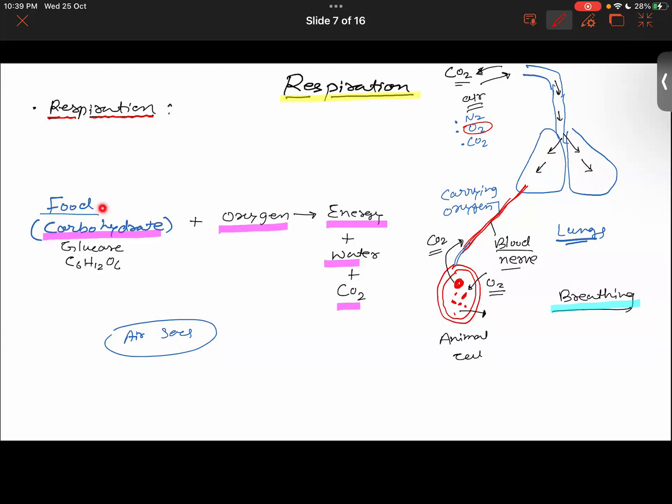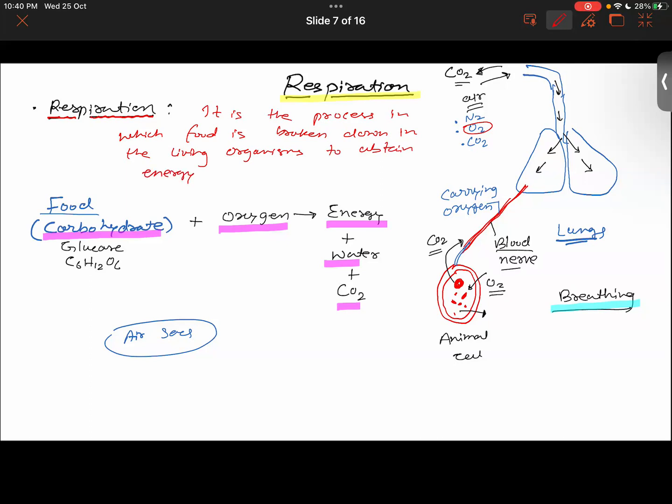So simply we will say it is the process in which food is broken down in living organisms to obtain energy from it. Okay, that is all we need to discuss.